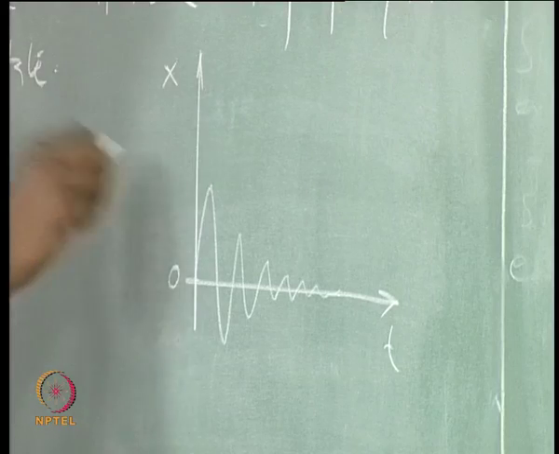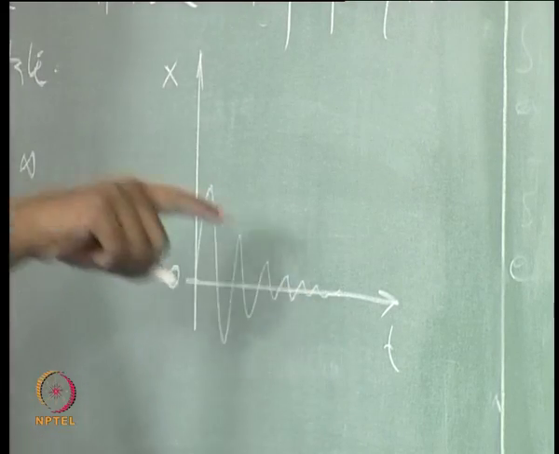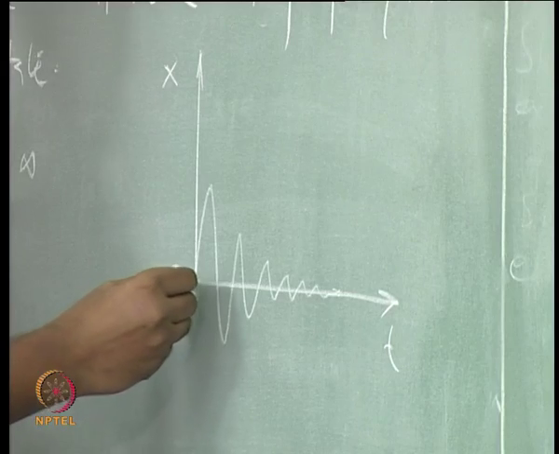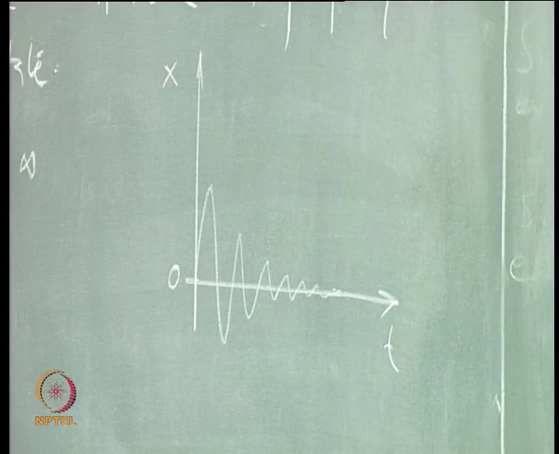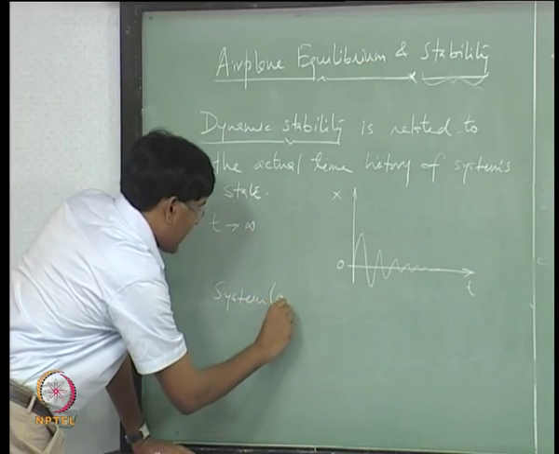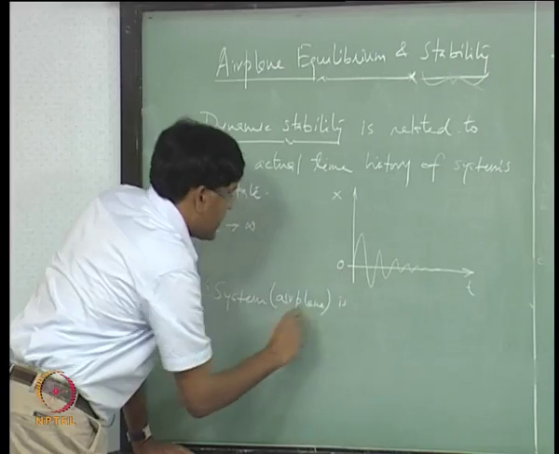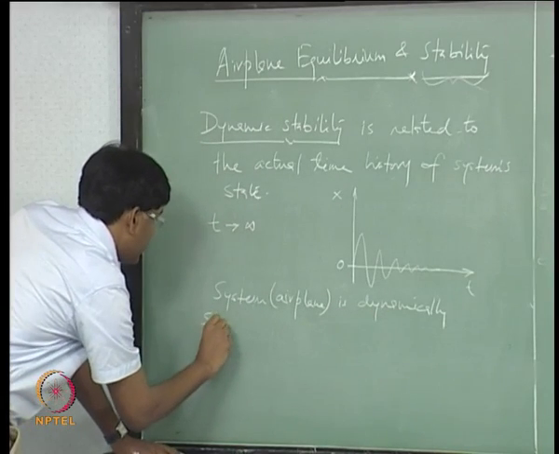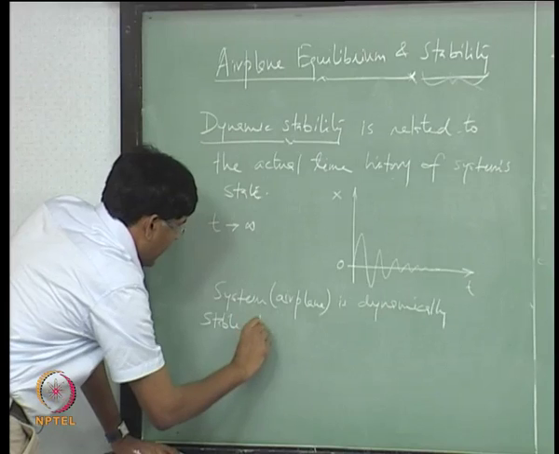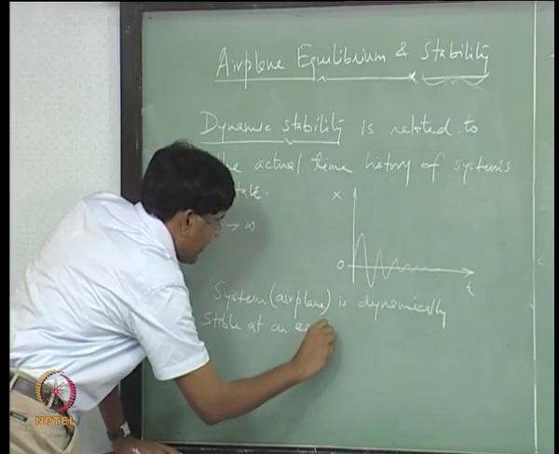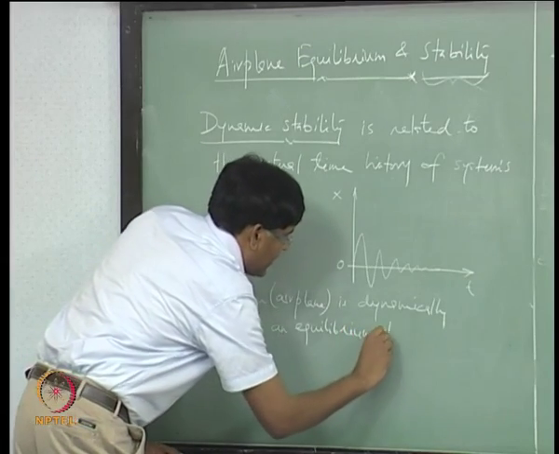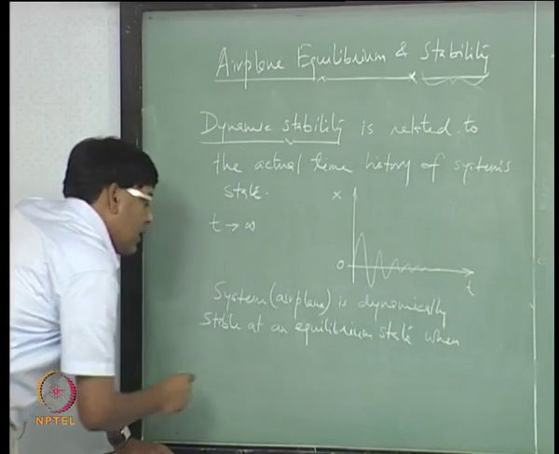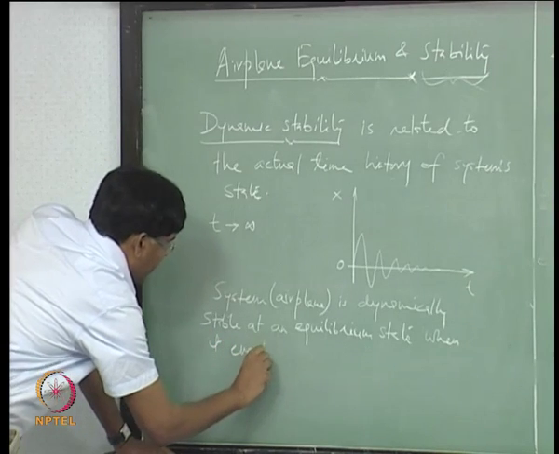So, if the transients have died down and the system has achieved this state again, x equal to 0, then we say that the system, or our airplane, is dynamically stable at an equilibrium state when it eventually comes back.